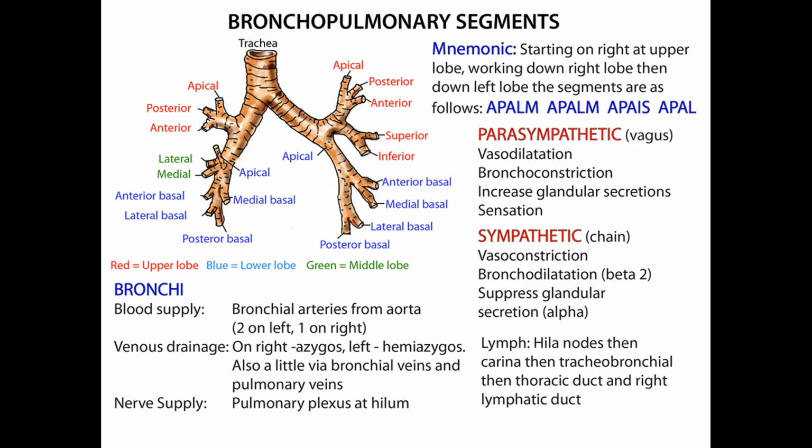Chest physicians and surgeons will probably need to know all the details about the bronchopulmonary segments, but for many of us we'll simply need to know an easy way of remembering the names of them, and the mnemonic is useful in that if you start in the right upper lobe, then to the lower lobe, and then to the upper lobe on the left side, the middle lobe and the lower lobe, there is a mnemonic which is a palm, a pase, a pal.